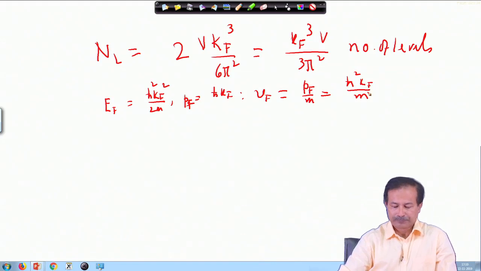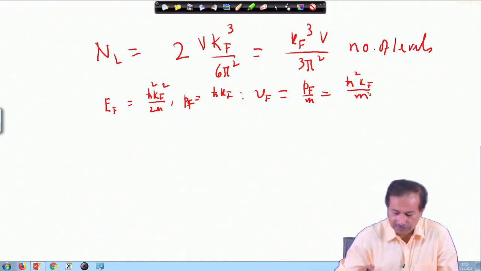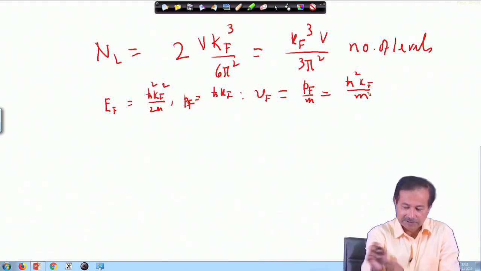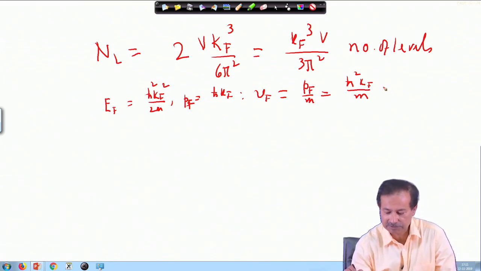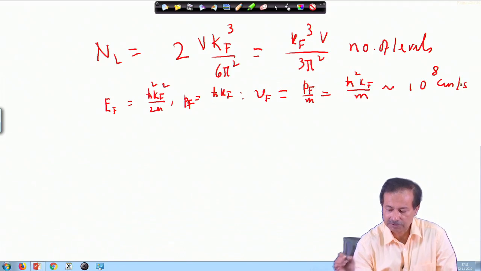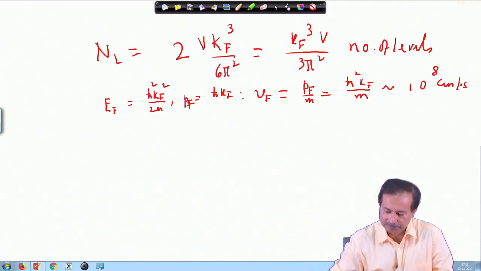Okay. Now, if you remember your classical velocities, this velocity is about 10 to the power 8 centimeter per second, typically.